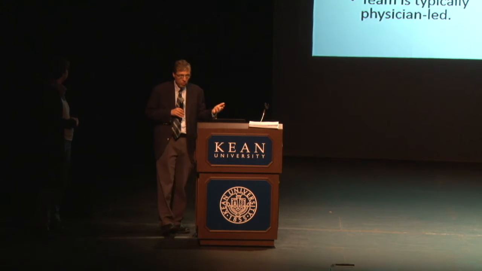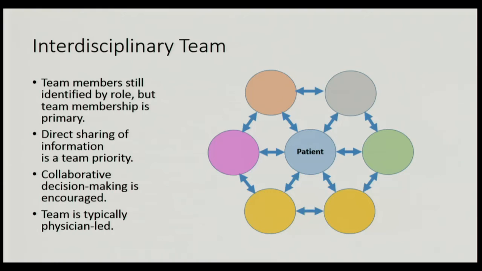So then the interdisciplinary team arose, and the good thing about that was that the providers weren't just talking through the medical record, they were actually talking to one another. The downside is that there's no discipline here that is specific to this problem. So the way this works is it ends up being a lot of, what do you think? What does your discipline say about this?